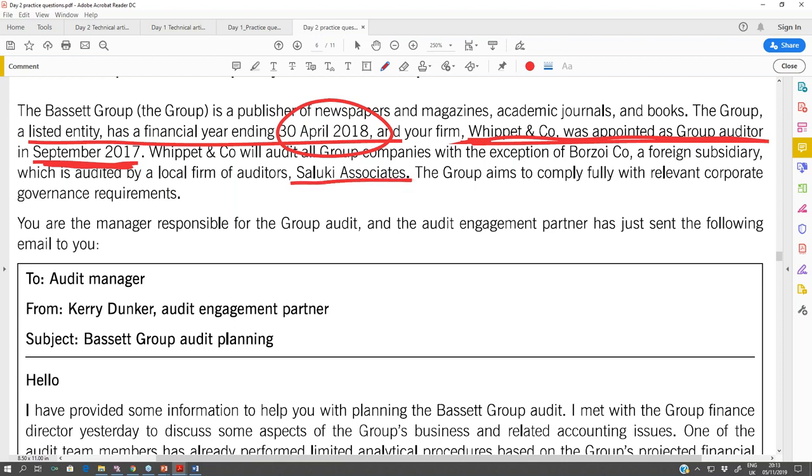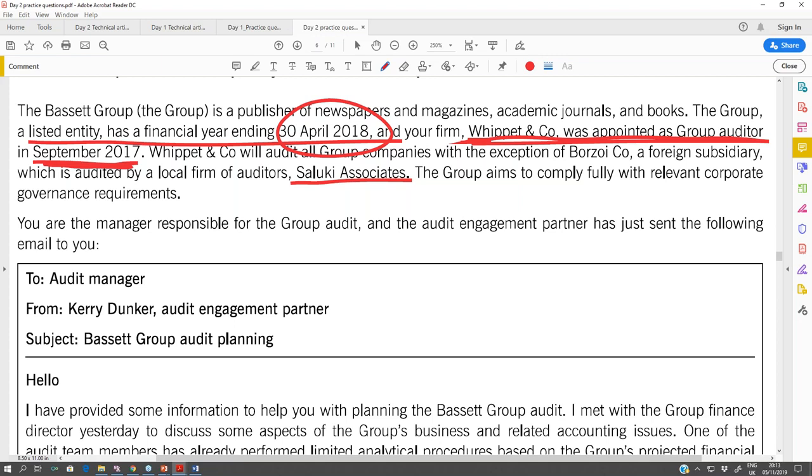So will I be more skeptical in reviewing the work of the component auditor and in ensuring whether the component auditor has the right strategy? We just saw a question prior to the break where the component auditor was setting a wrong strategy for the subsidiary. So should I be more skeptical about the component auditor Saluki Associate as to how they're performing work and about their audit strategy and so on?